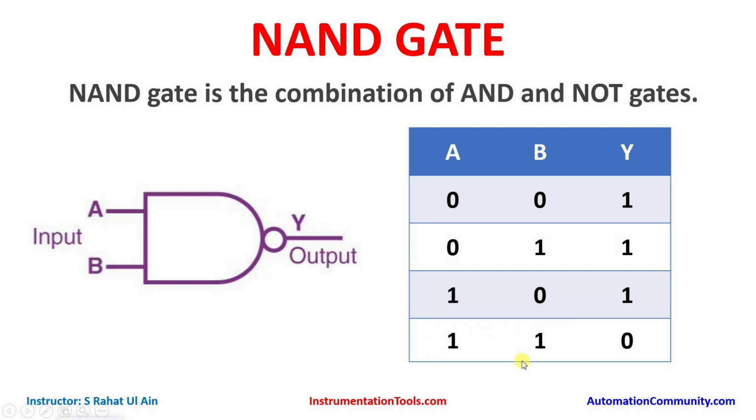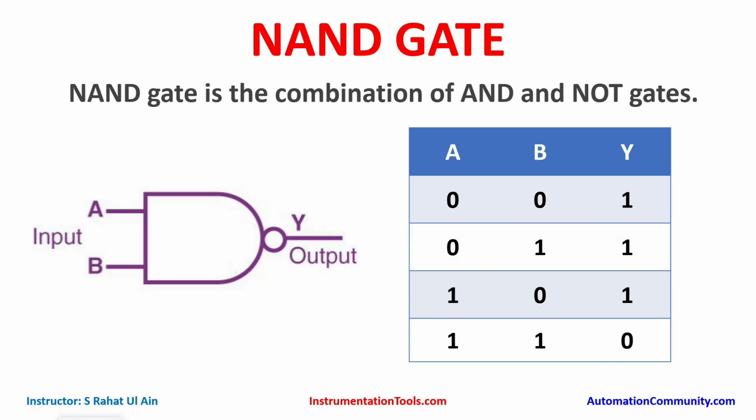And when the inputs are in true state, the output is false. So in a NAND gate, the output is true when none of the inputs is in true state or one of the inputs is in true state. When all the inputs are in true state, the output is in false state.